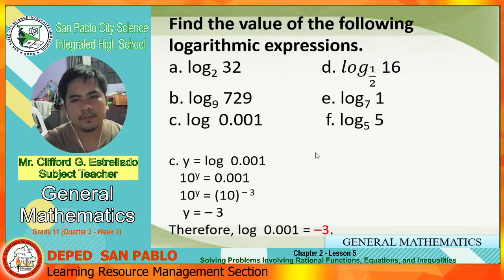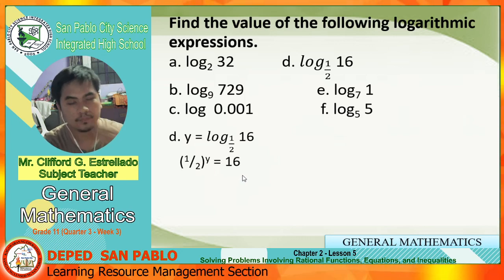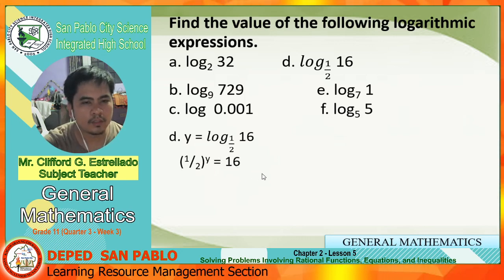Next, letter D. Logarithm of 16 with the base of 1/2. Okay, so we have base of 1/2 raised to y is equal to 16. Okay, then let us change 16 into an expression having 1/2 as the base.